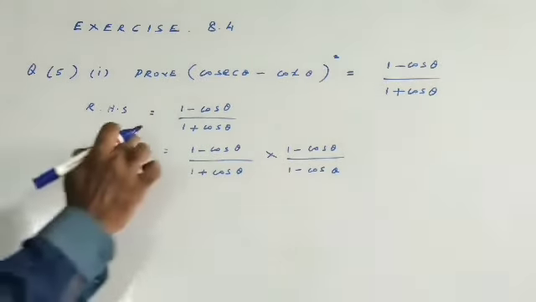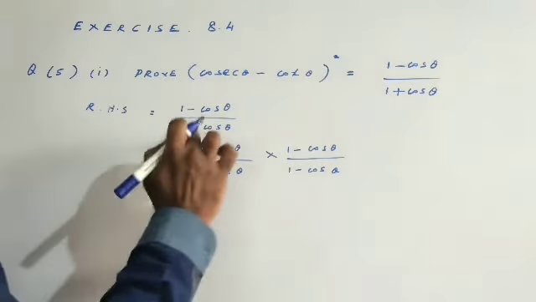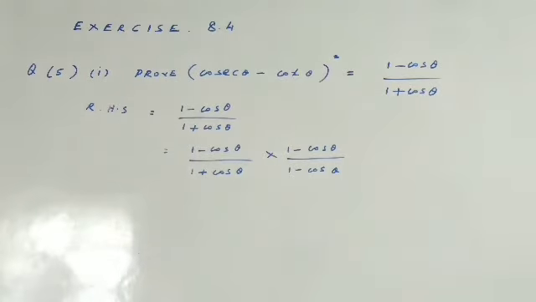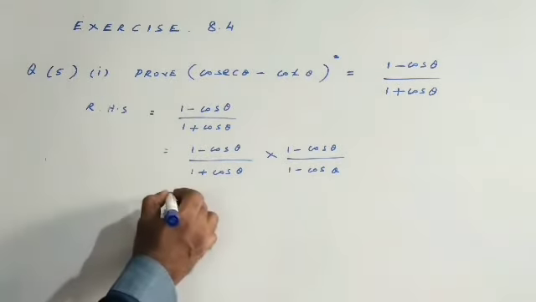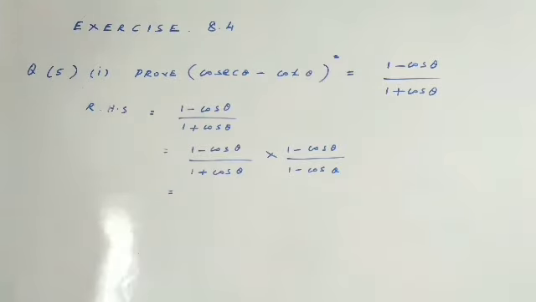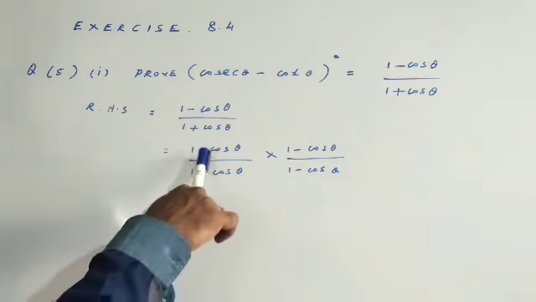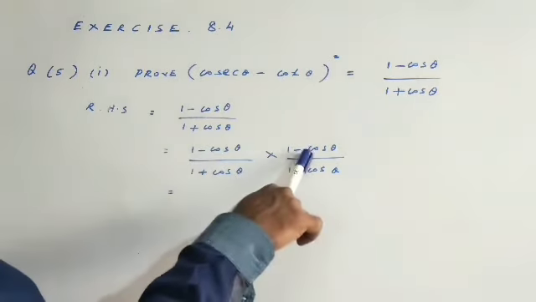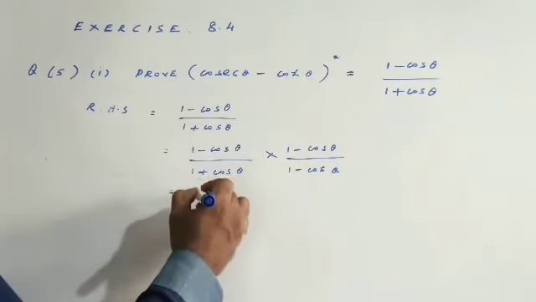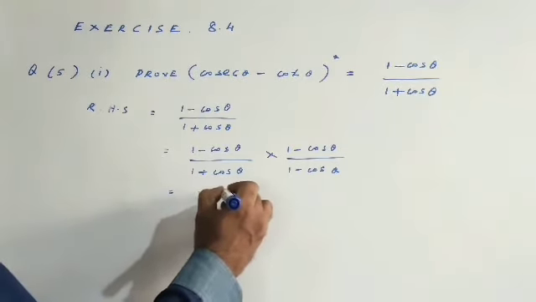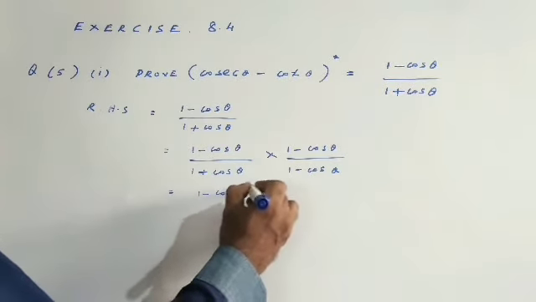Remember that here you multiply both the numerator and the denominator by its conjugate. We know that a into a is a square, so 1 minus cos theta into 1 minus cos theta, similar terms, you can write as 1 minus cos theta the whole square.